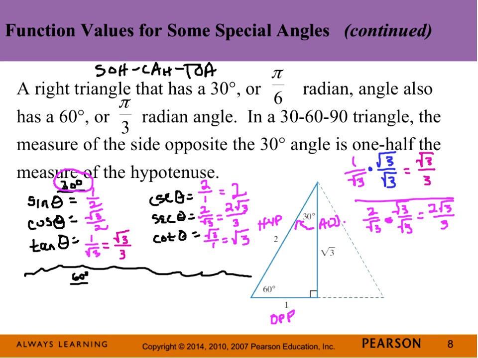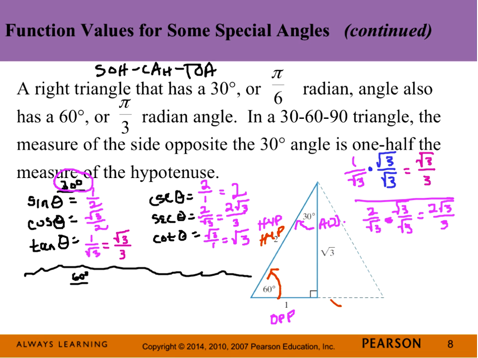And now we're going to look at the 60-degree angle. So I'm going to change colors completely. Grab an orange here. So now theta is the 60-degree angle. Hypotenuse stays the same. It's always the side opposite the right angle.